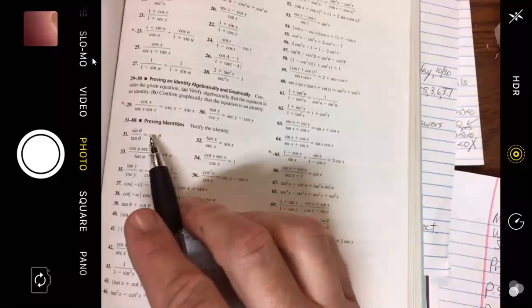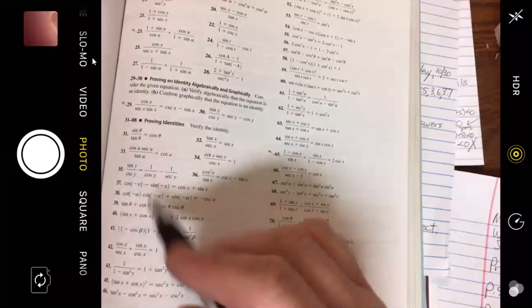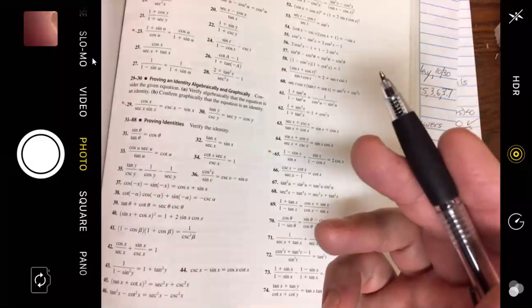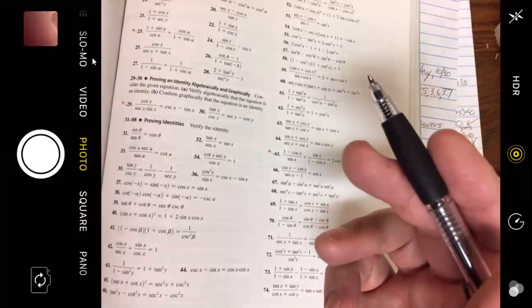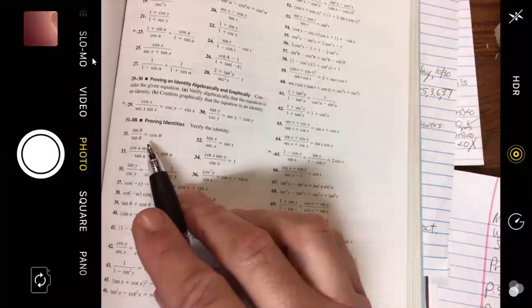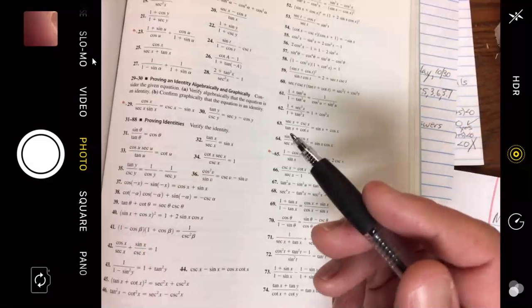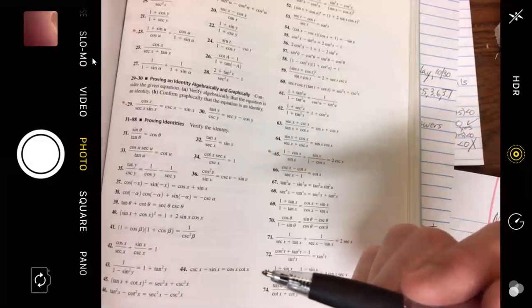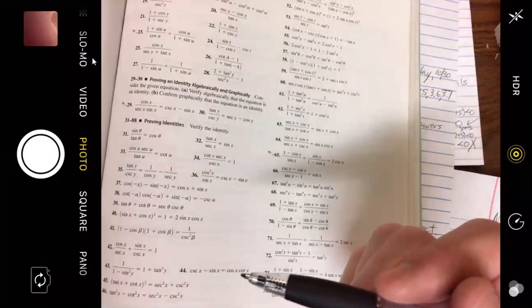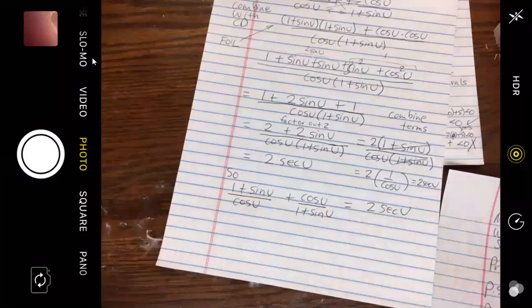So we'll start with proving identities here. We can start with a super simple one. And then you get more complicated down the page. You've got time for a couple of them here. I guess I'll start with the first one.